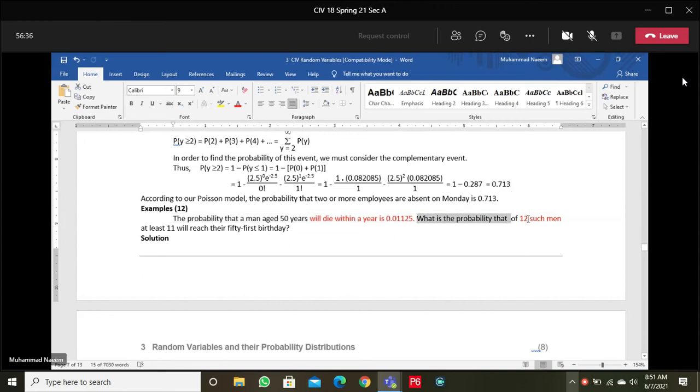Will reach their 51st birthday means they will not die within a year, whereas we are given the probability that a person will die within a year. So this is a confusion about defining your variable.